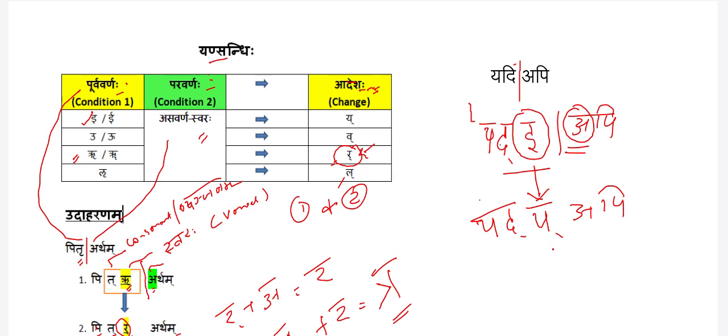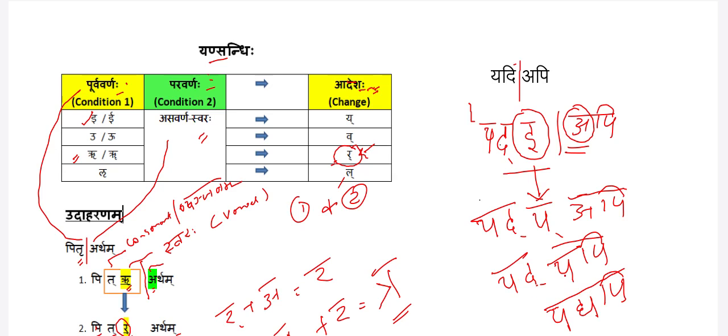So this Yakara and Akara will be combined as this is a consonant and next to the consonant is a vowel. So this becomes Ya. So the remaining things let's write as it is. Ya Yid Ya Pi.